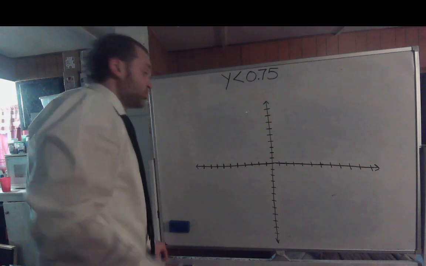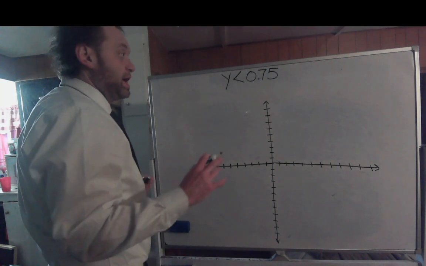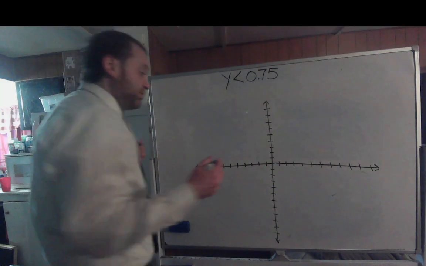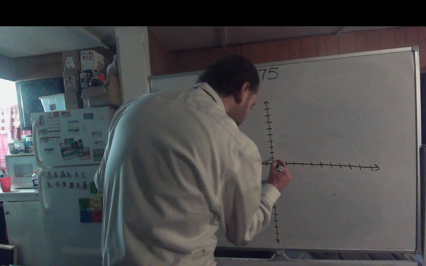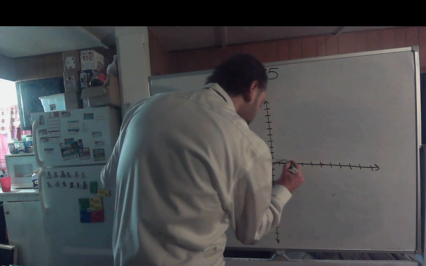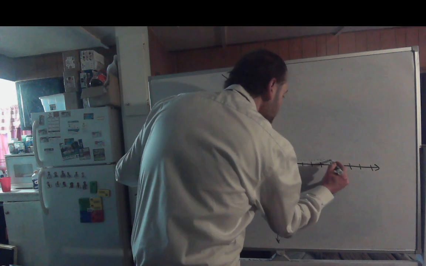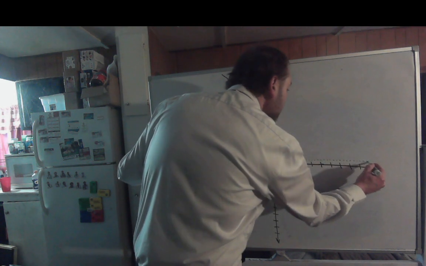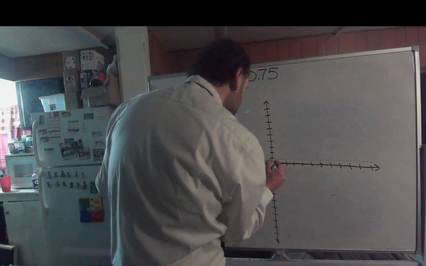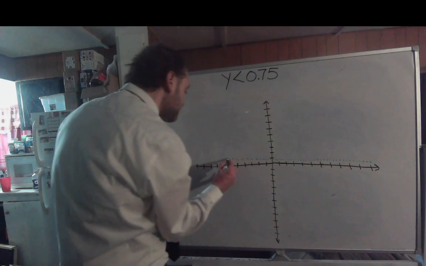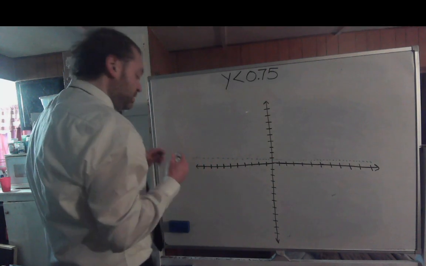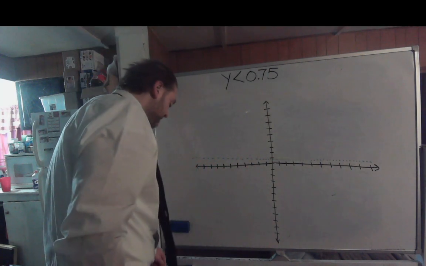So you're going to draw a dotted line through y equals 0.75, which would be right about here for 3/4. Alright, so there's my dotted line.